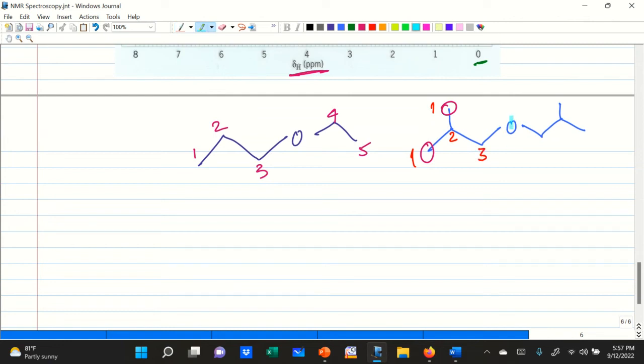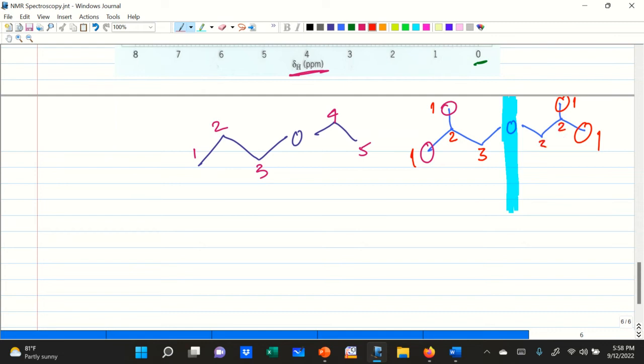But the whole molecule has a symmetry. You see, the right side of this diagram or this line is the same as the left side, meaning on the right side this is also the same as 1. This is the same as 1. They are exactly the same distance away from the oxygen, meaning the extent of deshielding is exactly the same.